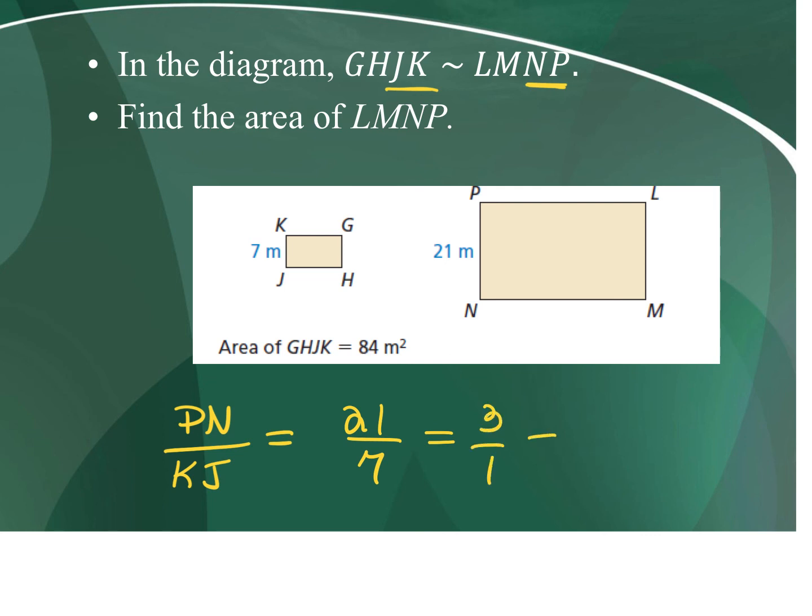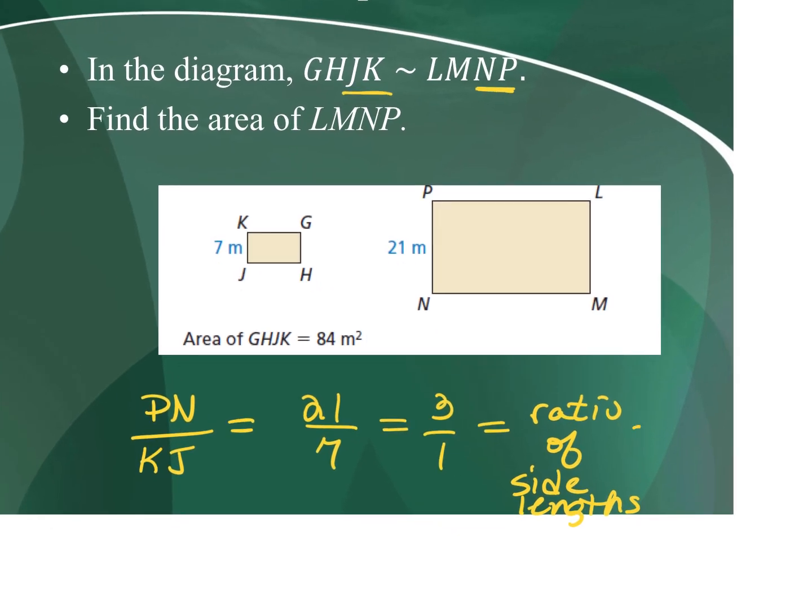Now, this is the ratio of the side lengths, which is also the scale factor. Remember, this would also be the ratio of the perimeters.